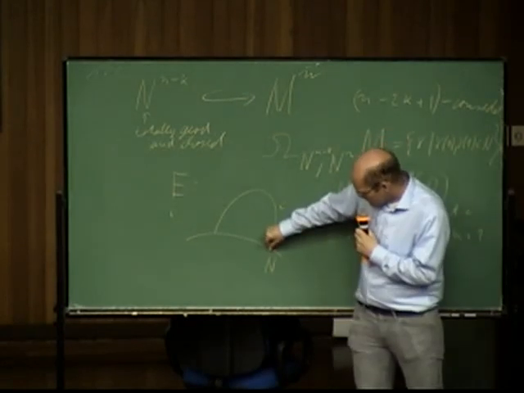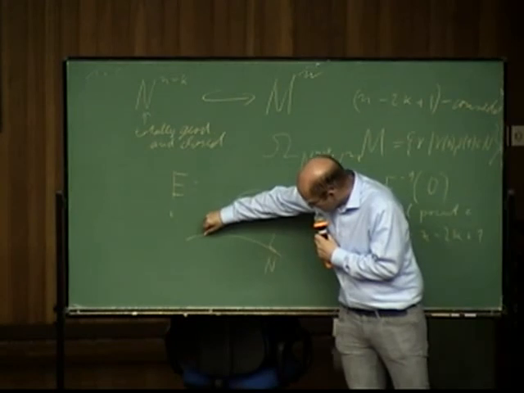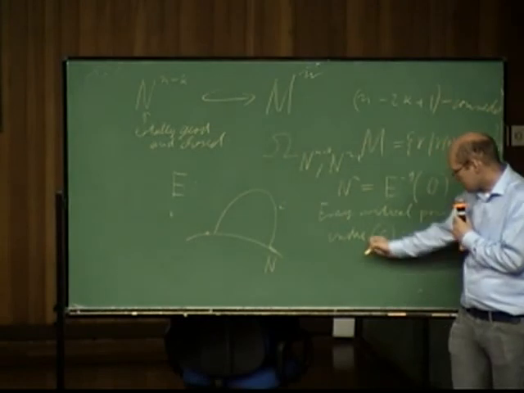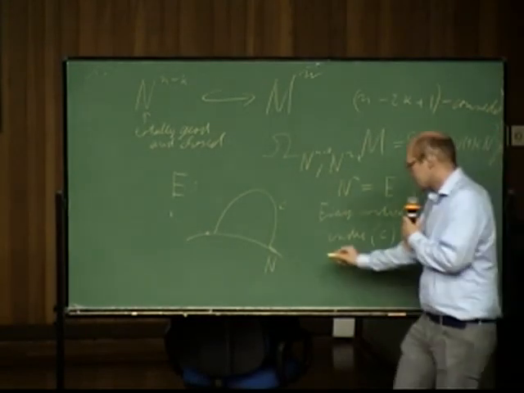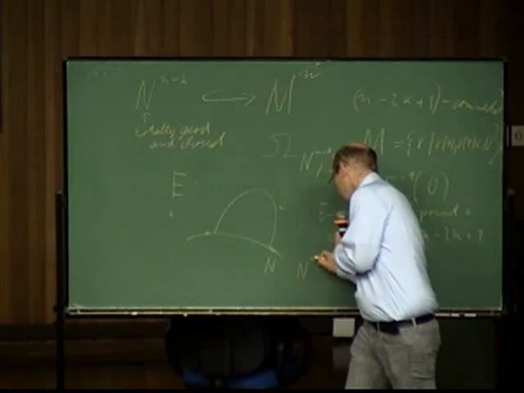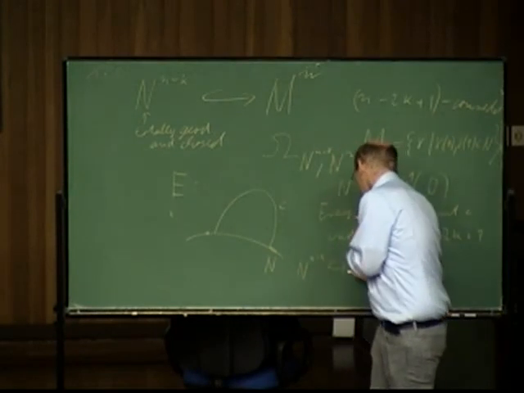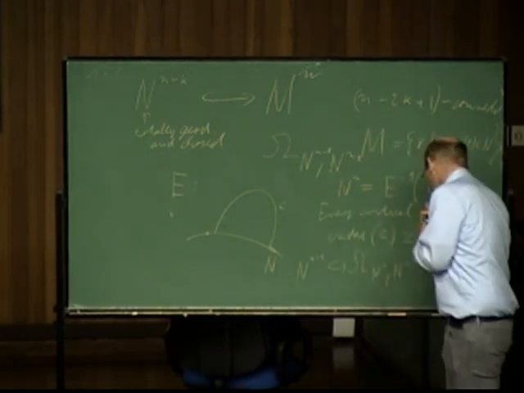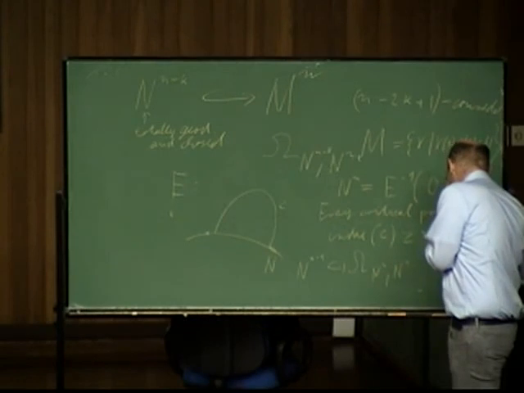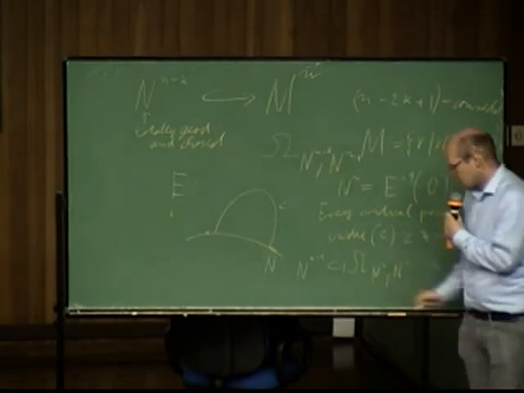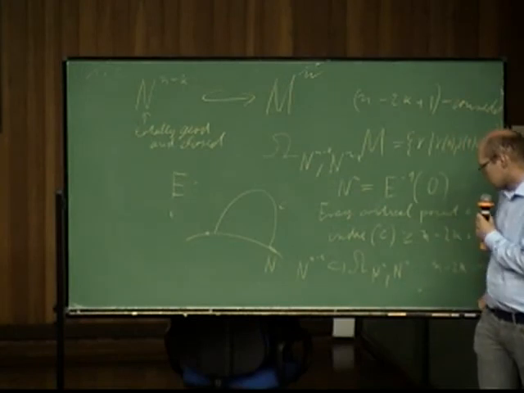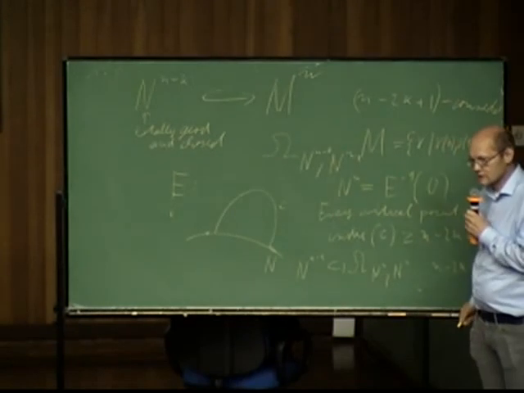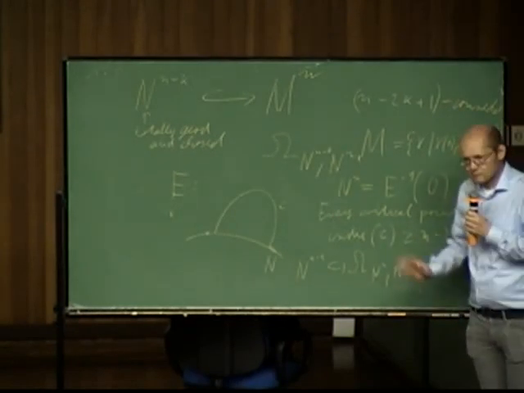So if you exponentiate a parallel vector field, you still have a curve inside the space, and the length gets decreased. That's how you get this index estimate, and that means that the inclusion map of N into this path space is n minus 2k connected, because all the critical points afterwards have index at least n minus 2k plus 1, and that happens to be equivalent to this statement. That's the main point, actually.